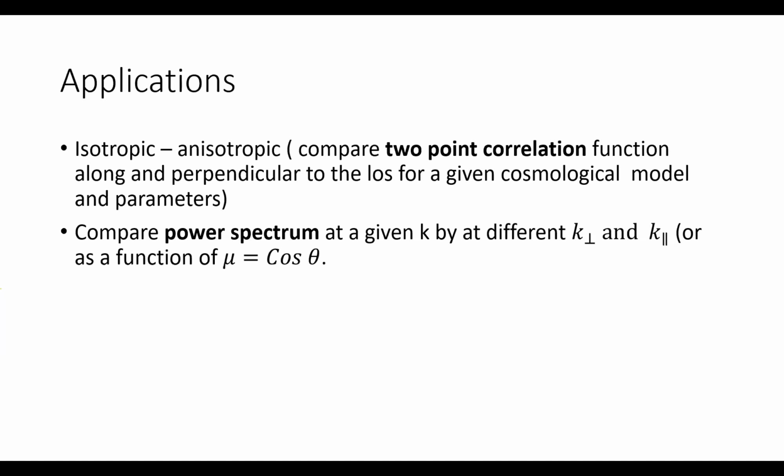If your universe is isotropic and homogeneous, the 2-point correlation function should be the same along and perpendicular to the line of sight. However, because of this conversion and your wrong cosmological assumption, the 2-point correlation function may not be the same, or this may introduce anisotropies in the power spectrum.